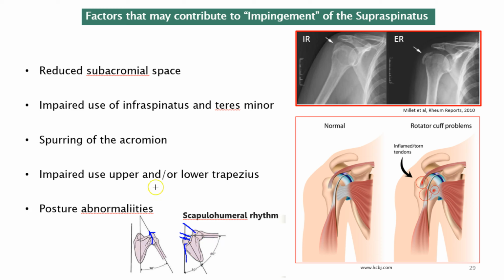Now, if you have impaired use of the upper and lower trapezius, you have impaired the ability of the scapula to upwardly rotate. And this upward rotation is needed when you're performing shoulder abduction. So here you can see in 90 degrees of shoulder abduction, 60 degrees actually come from the glenohumeral joint, while 30 degrees comes from the upward rotation of the scapula.